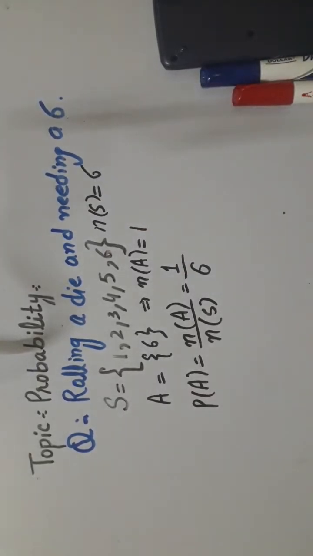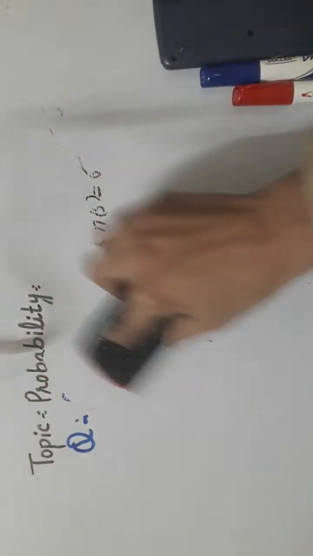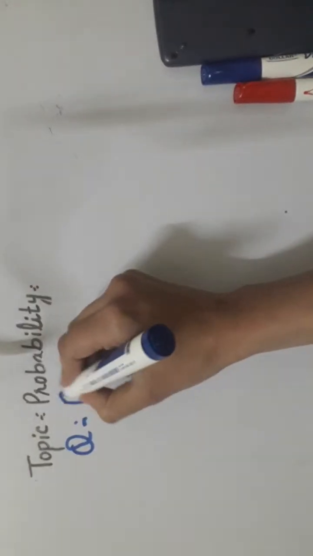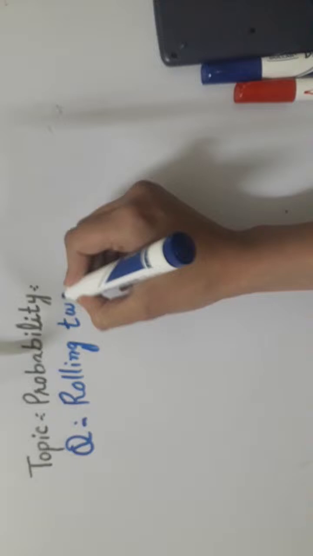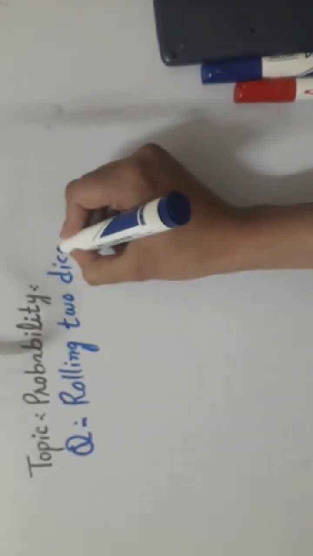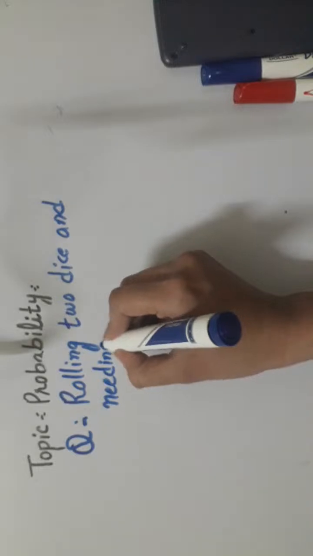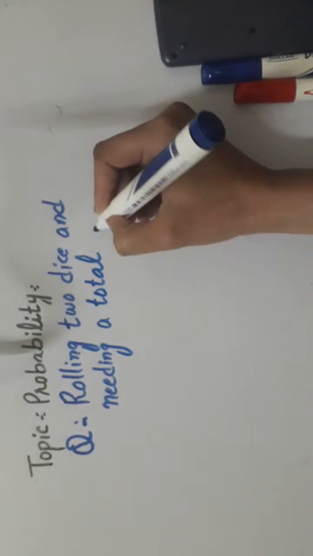Now we have another question. We will solve this together. The other question is, we are rolling 2 dice and needing a total greater than 9.